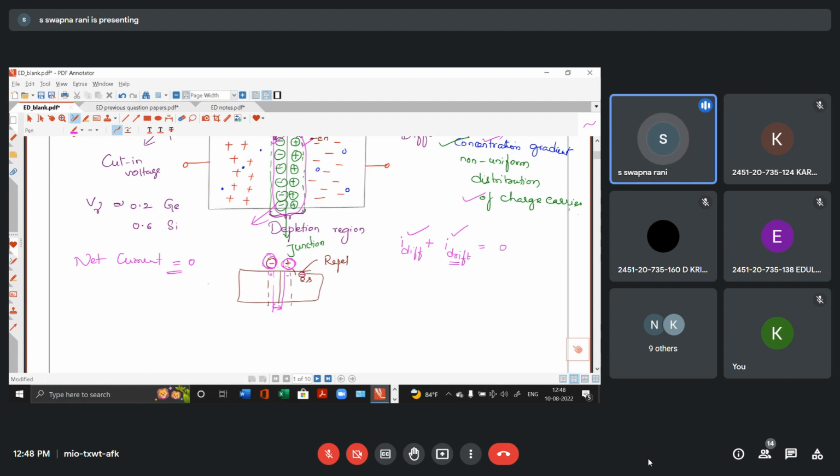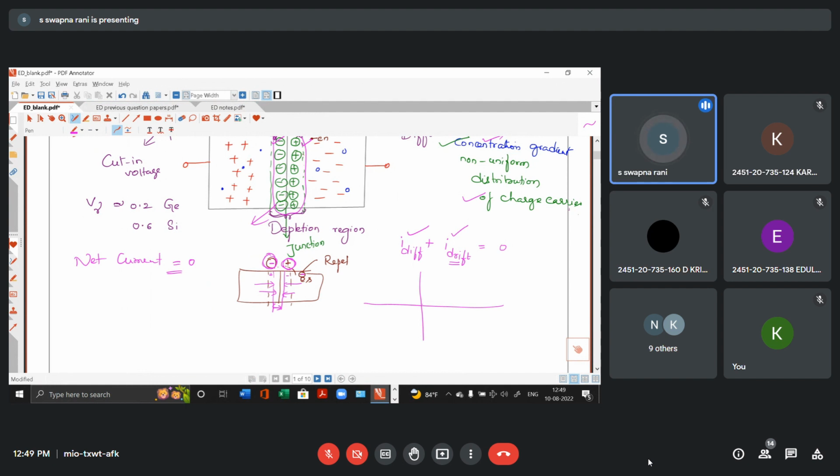So when you increase the forward bias voltage, more and more number of charge carriers will be moving towards the junction, and finally this barrier will disappear and all the charge carriers on two sides of the junction can freely cross the junction. So whenever the charge carriers cross the junction, then only the current will result.